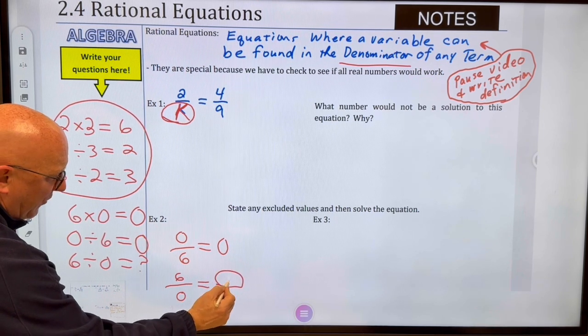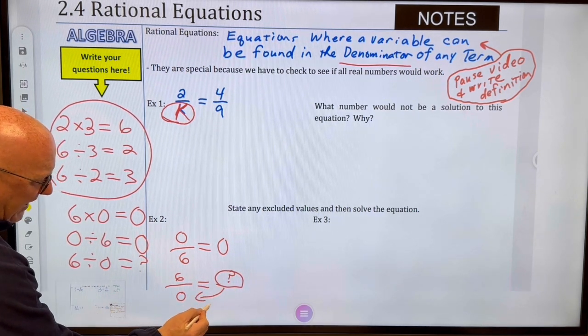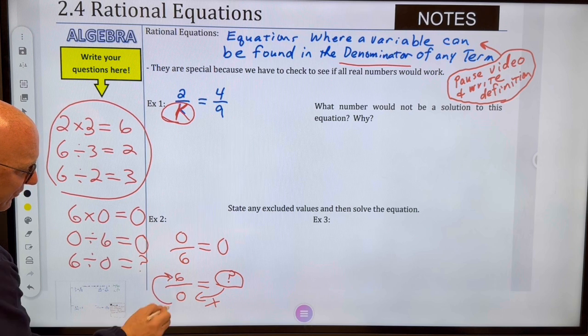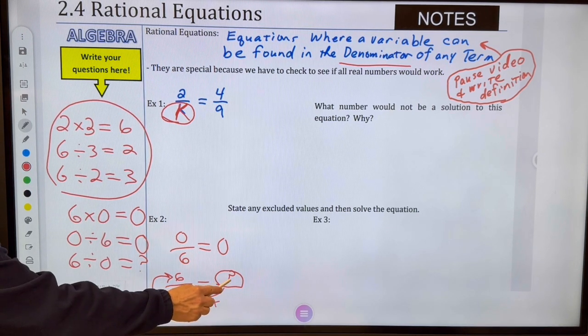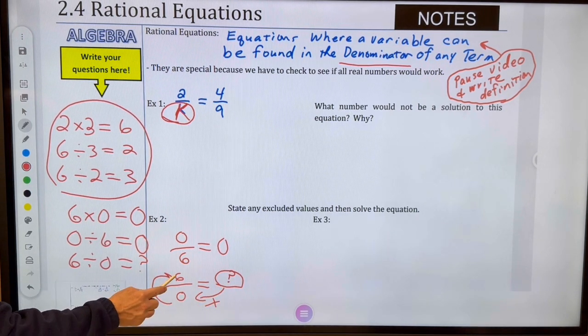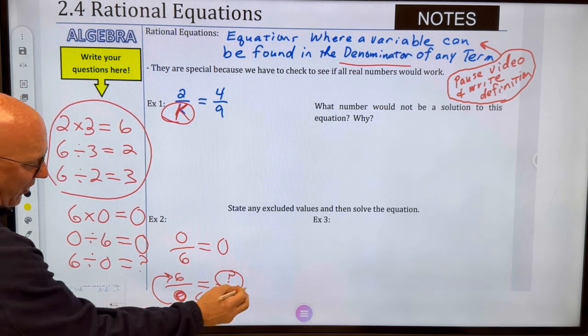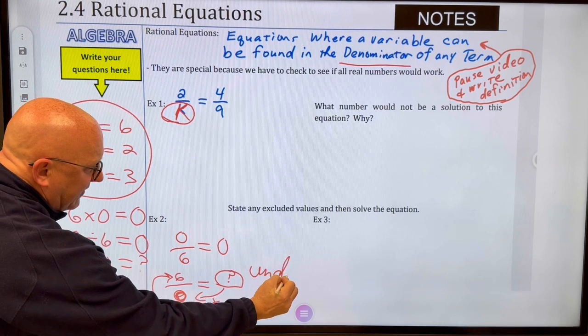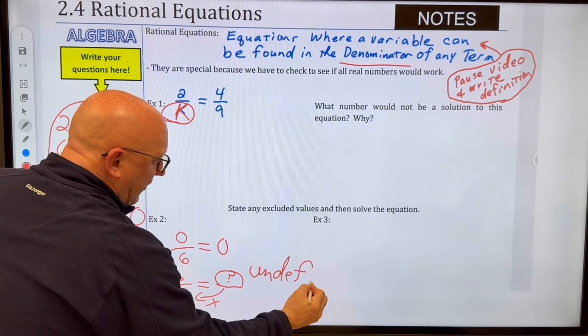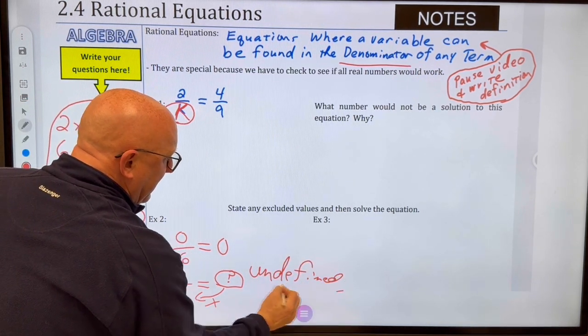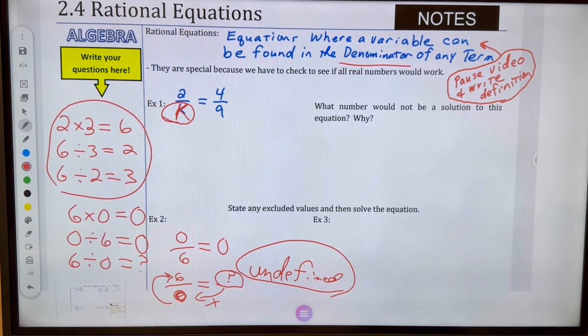Because what number times 0 equals 6? There's never going to be a number times 0 that's going to equal 6. And so it turned out that when you divide by 0, this is always undefined. Now, I just review that because we've already learned that, but we can't have 0 in the denominator. And so just a quick review on that.